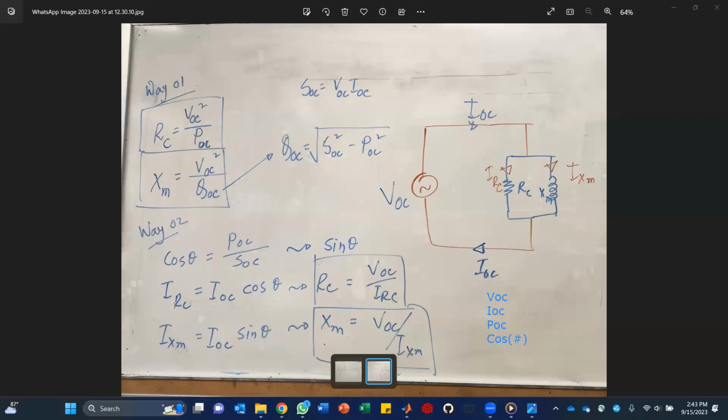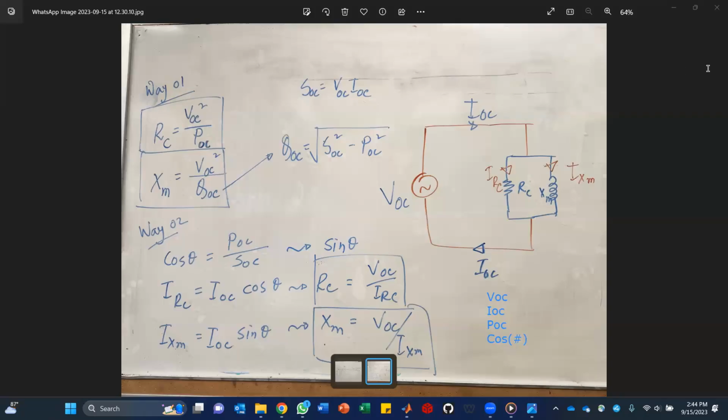So I sub RC equals IOC times cos theta, and I sub XM will be IOC sin theta. And with the use of Ohm's law, we can get RC and XM. So way 1 and way 2 will give us both RC and XM.